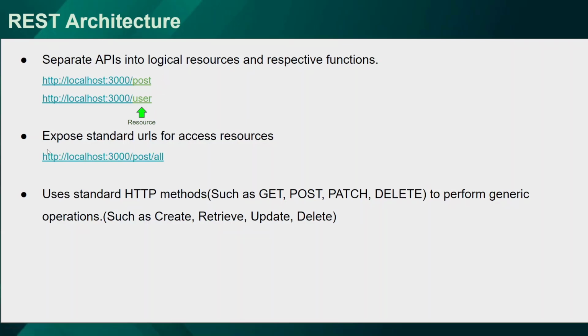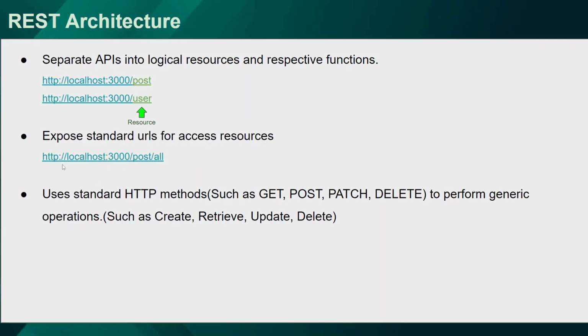When it comes to the second feature of REST architecture, it exposes standard URLs for resource access, which means there is a standard format you have to follow to define URLs in order to construct a proper REST API.